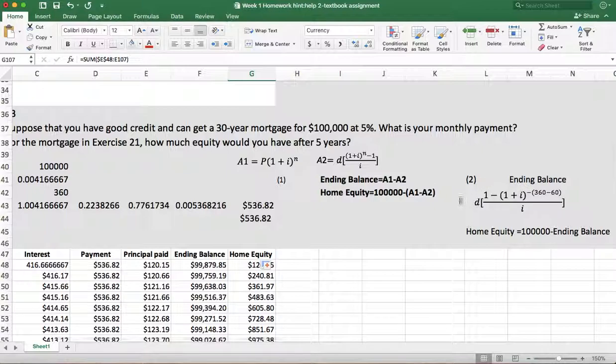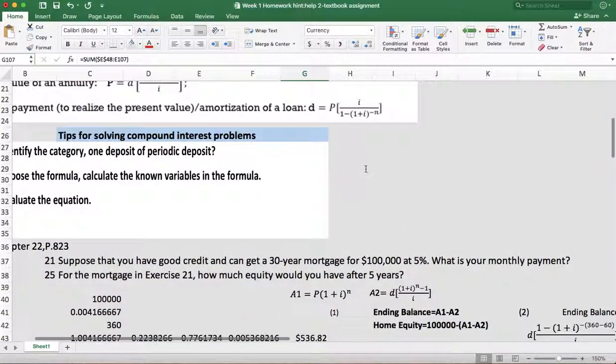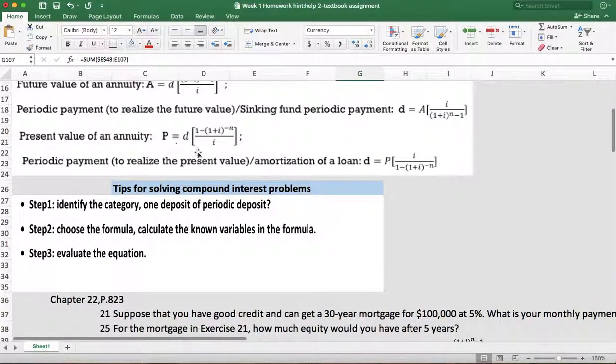The other way to calculate home equity is to use this formula. Look at this formula, present value of an annuity. If you paid 30 years, or 360 periods, you are going to pay off your loan.